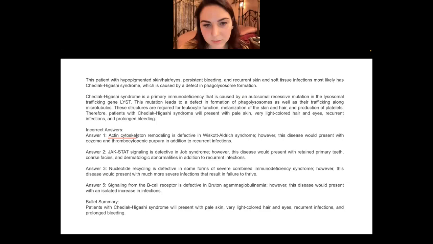And then of course the bullet summary. Patients with Chediak-Higashi will present with pale skin, very light colored hair, and recurrent infections. That's the main one. I don't really know about the whole recurrent bleeding thing, but regardless, it's the trafficking of the lysosomes along these microtubules that is your Chediak-Higashi.